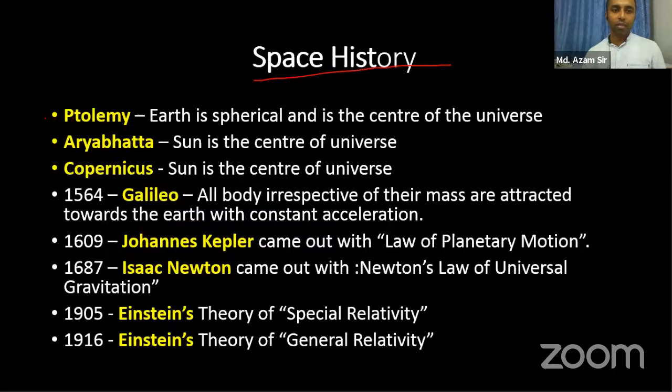For example, Ptolemy was the first one to say that Earth is spherical. Earlier, it was believed that Earth is absolutely flat. But he made a wrong statement that the Earth is the center of the universe. That statement was later discarded. A theory is formulated in such a manner only.